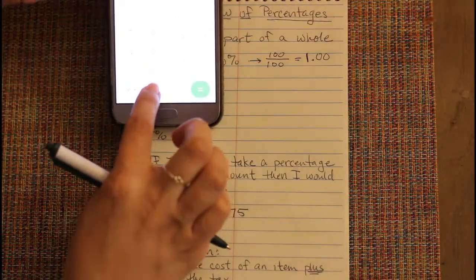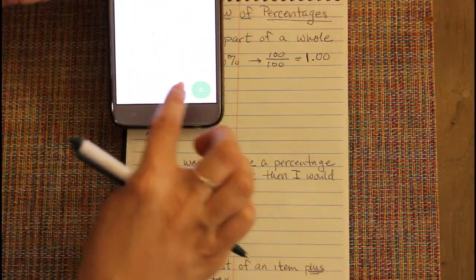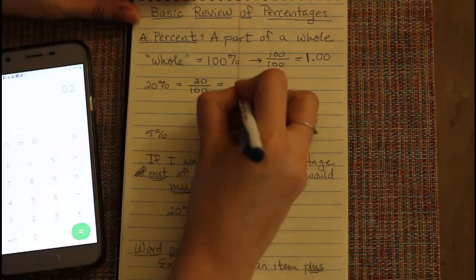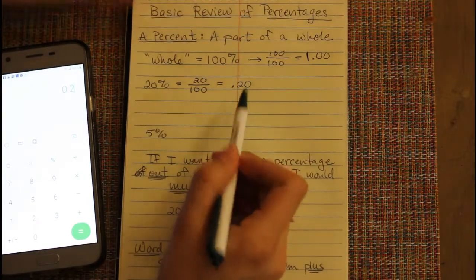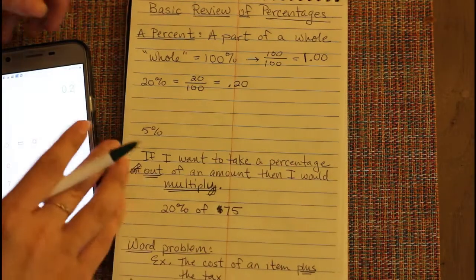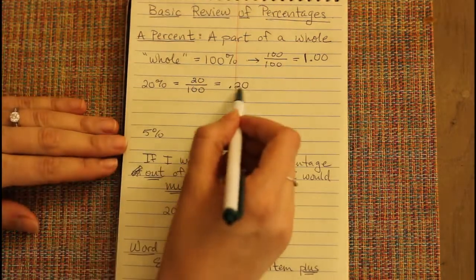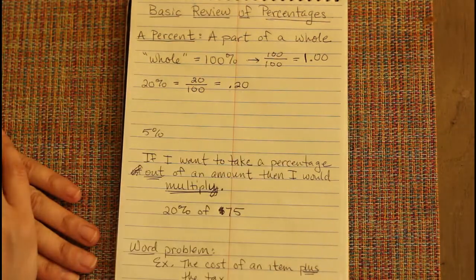It's 20 divided by 100, and you're going to get 0.2. But here we're going to call it 0.20, right? They don't put the 0 there, but usually you put the 0 in. Okay, so we get 0.20, and that is what we use in order to calculate a percentage of something.